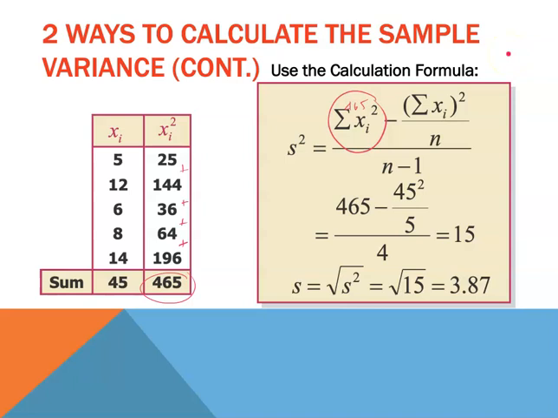Your data sums to 45 and you square this guy, so this is 45 squared. So 465 minus 45 squared divided by n, where n is 5, and then divided by n-1, which is 4. So here we have 465 minus 45 squared divided by 5, divided by the Bessel correction, which is 4. You will get the same answer, which is 15. Now, is this going to be easier or is this going to be hard?